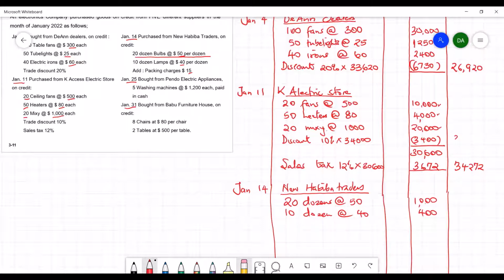So this is 1,400, and there was a packing charge of $15, which we add, so that the total in this case is 1,415.